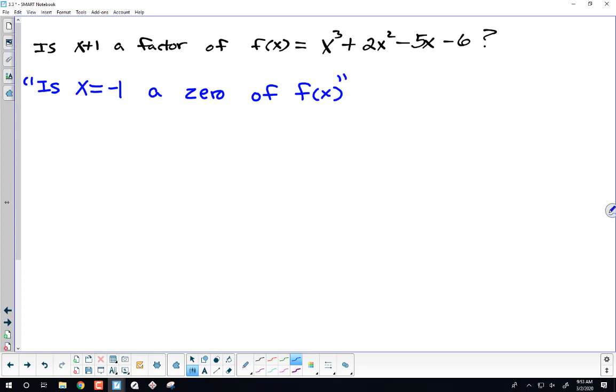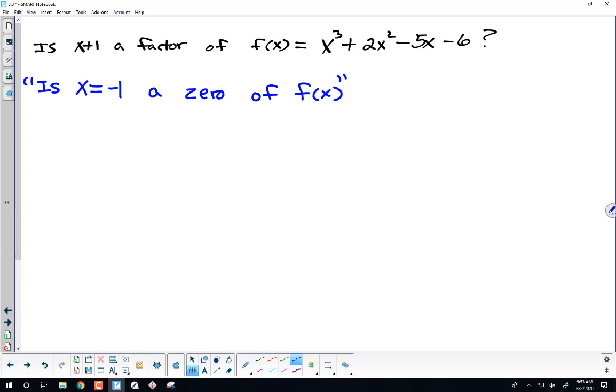Because remember, if we have a factor of a number, what's the result of dividing that number by that factor? We get some sort of quotient, but if something is a factor, what should the remainder be? 0.